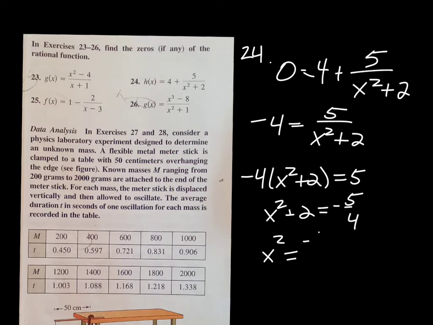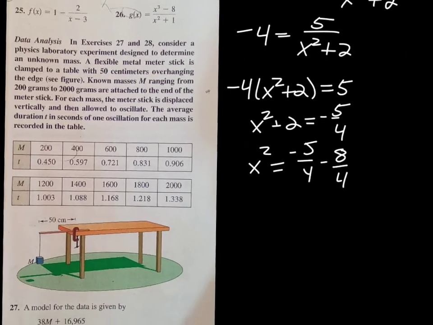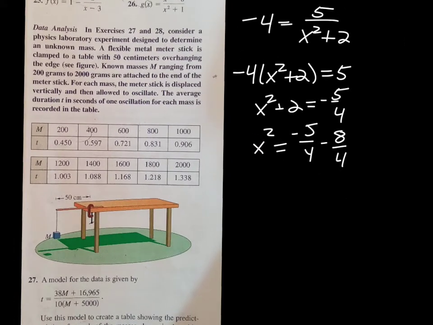And so when you're subtracting a 2, I'm going to get a common denominator there of 8 over 4. Okay, so then we have x squared equals negative 13 over 4.